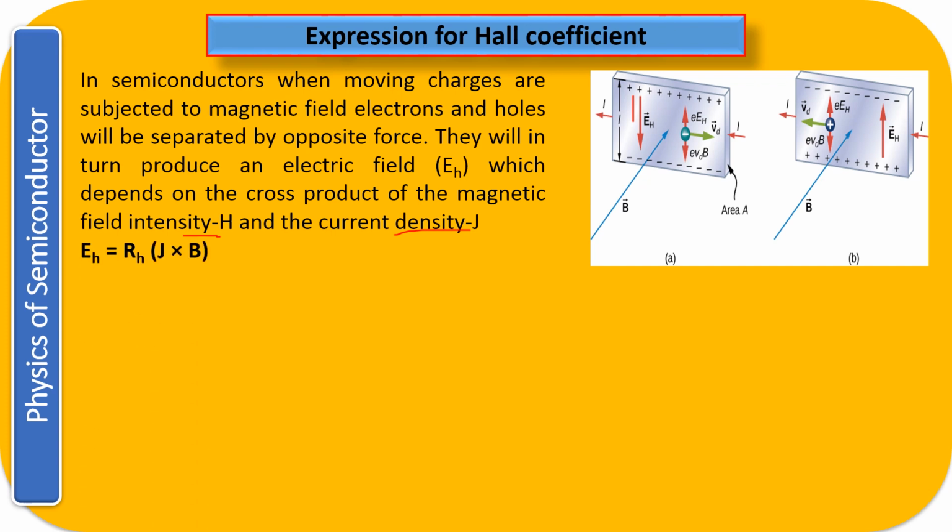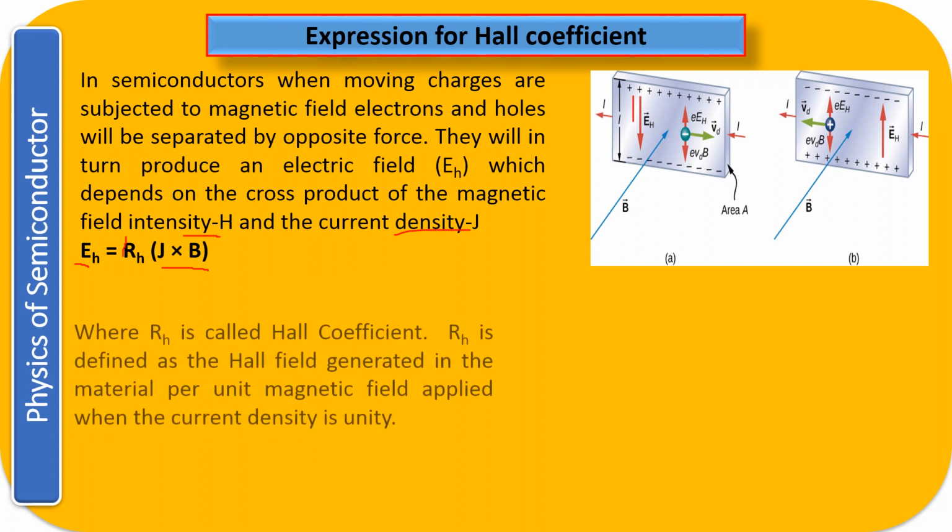So what he said is EH is directly proportional to the cross product of the current density and the magnetic field. The electric field that is getting developed is directly proportional to the cross product of the current density and the value of the magnetic field that we have applied. So the proportionality constant here is your RH. RH is nothing but this proportionality constant, right?